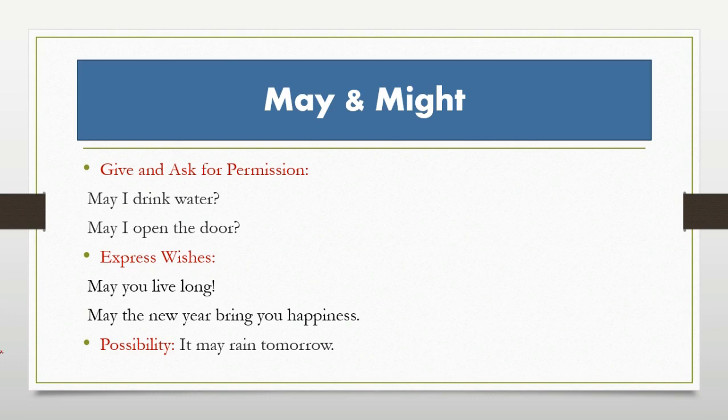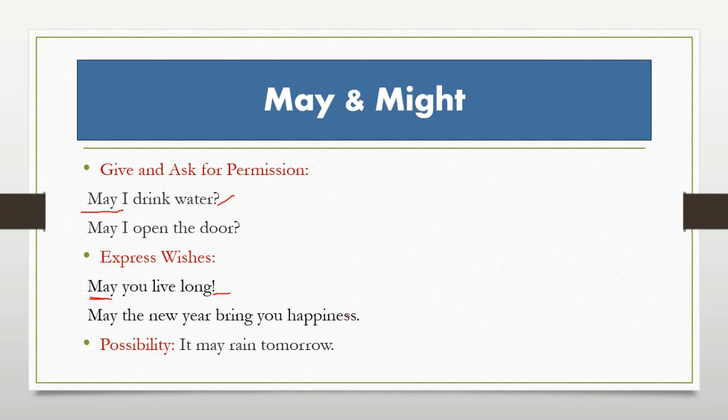Now you might be confused: here we have used may at the beginning, so why do we use a full stop and not a question mark or sign of interrogation?